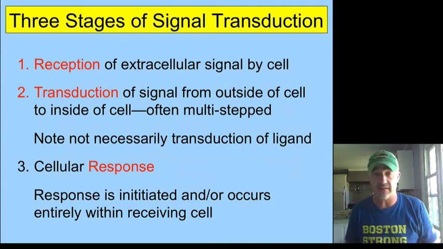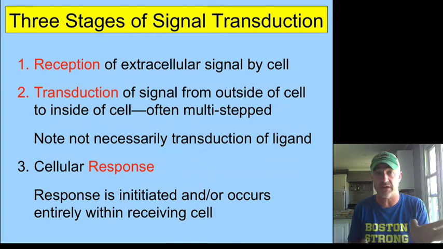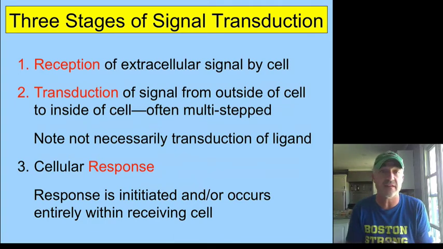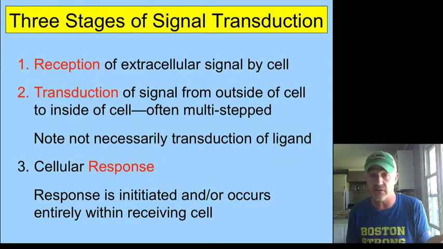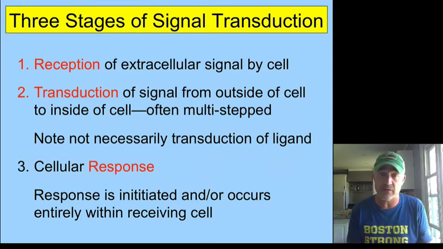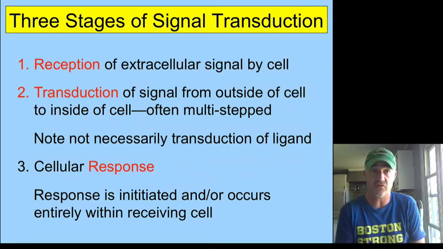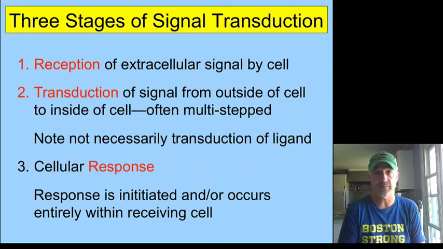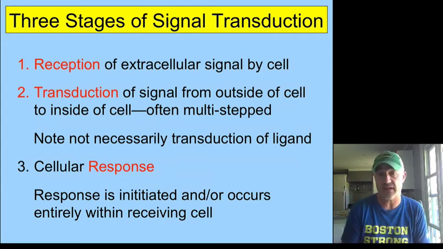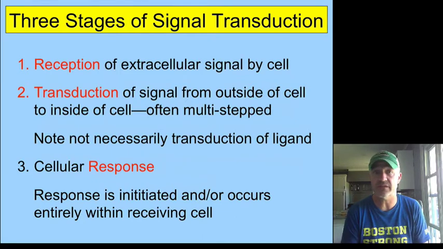It doesn't mean that the actual substance is traveling through the cell, but it might be a signaling cascade that was activated by this particular ligand that's going to send this down to the cell, and then we bring about some type of cellular response. Might be a change in gene level or transcription. Could be a change in how the cell is actually working, other things like that. So we're going to have to worry about each of these, and we're going to talk about these each in a little bit of detail.